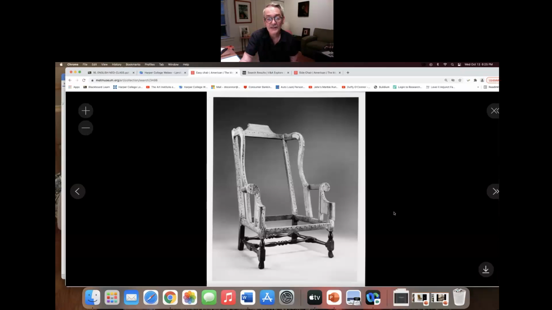At a museum, they will carefully have furniture conservators strip that old material away, probably save at least some example of it so that they know what the original material actually was.